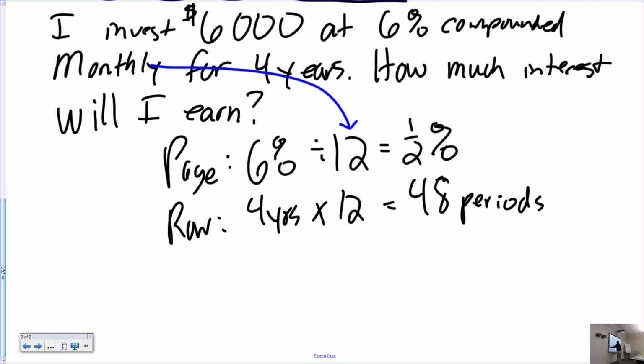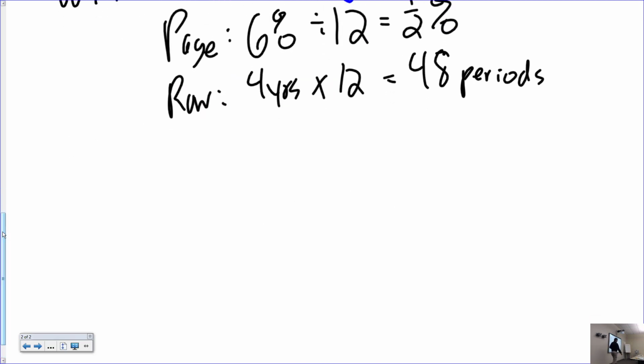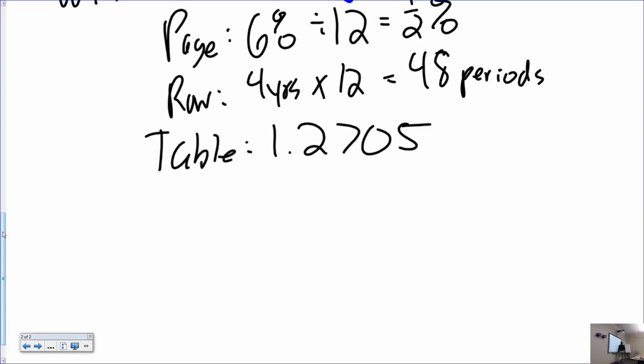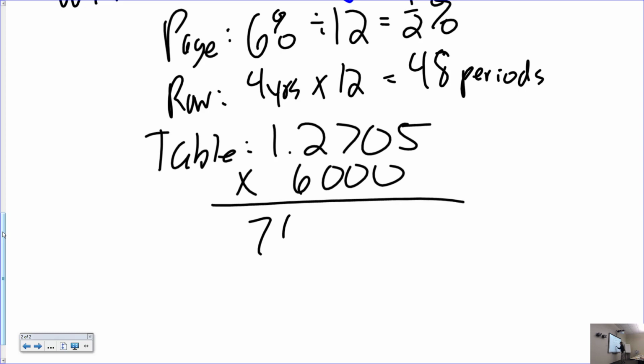So, 0.5%, folks, that's literally page 1. 1.2705. Multiply by the $6,000 I invested. 7,623. Are you done? No, subtract it from 6,000 to find out your interest.